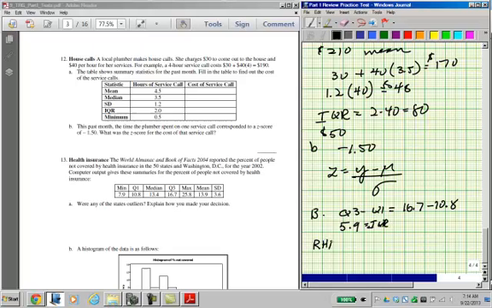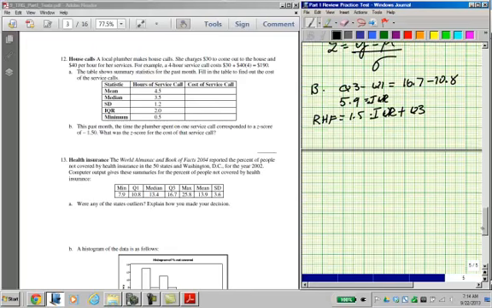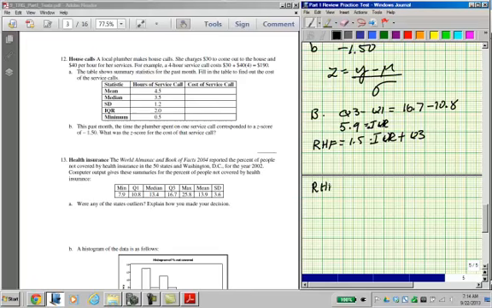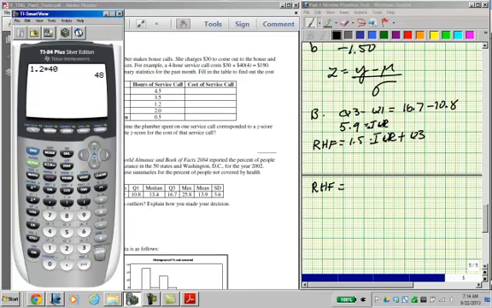Right-hand fence equals 1.5 times the IQR plus Q3. Okay, so the right-hand fence is going to equal 1.5 times 5.9, it's 8.85, plus 16.7, Q3.